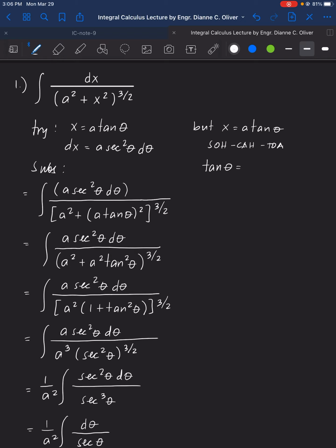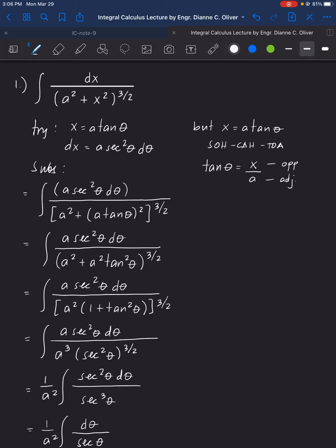So that is x. Looking at this part here, tangent theta is equal to x over a. And in SOHCAHTOA, we have this as the opposite and then adjacent.